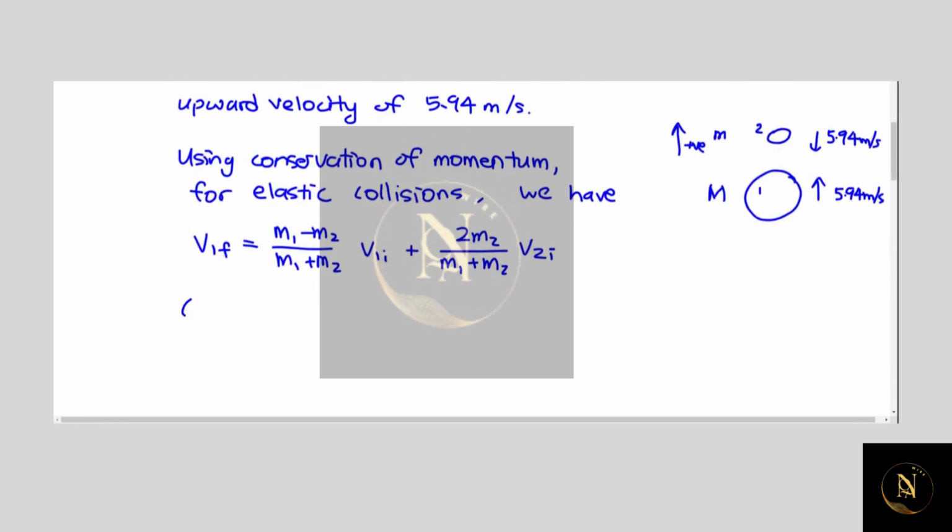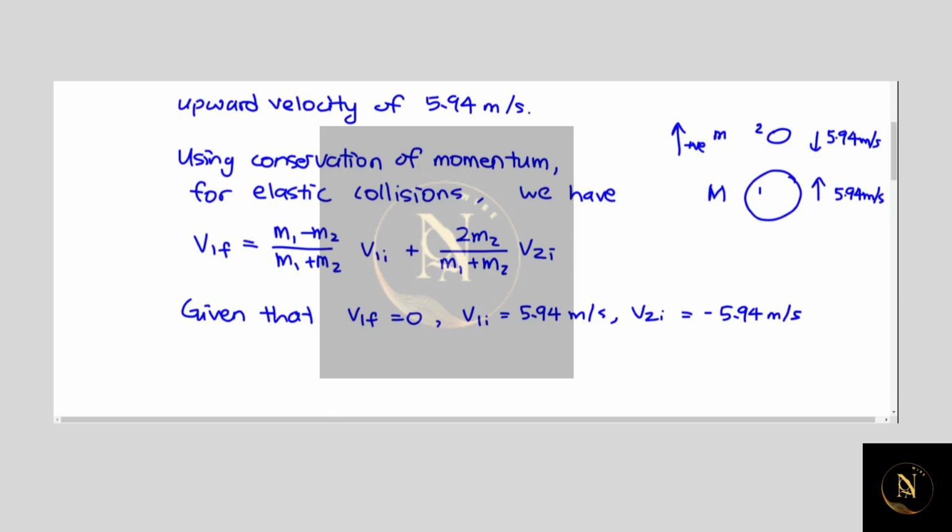We are given that V1F is equal to 0 after the collision. V1I is 5.94 meters per second, and V2I is negative 5.94 meters per second.